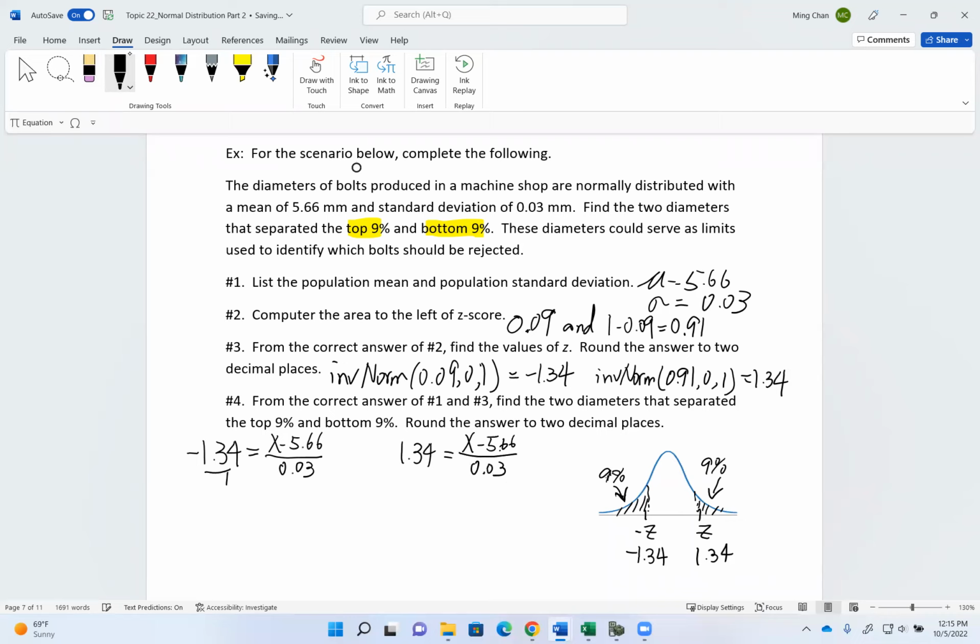Okay, so again, cross product for both. So x minus 5.66 times 1 should be x minus 5.66.